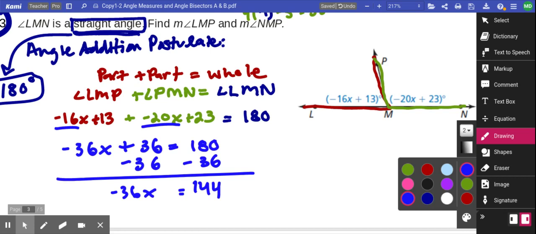And if we divide that by negative 36, we're going to get x is equal to negative 4.